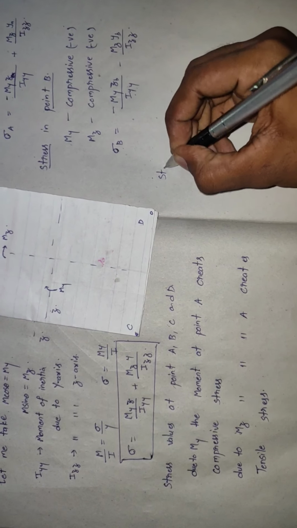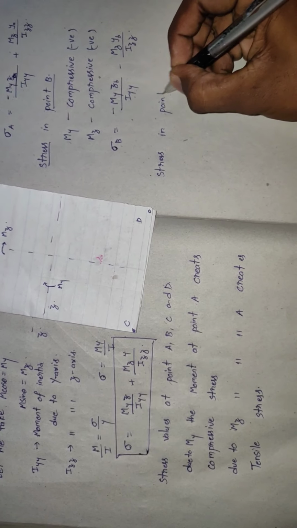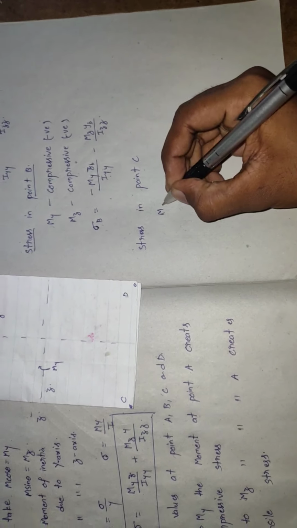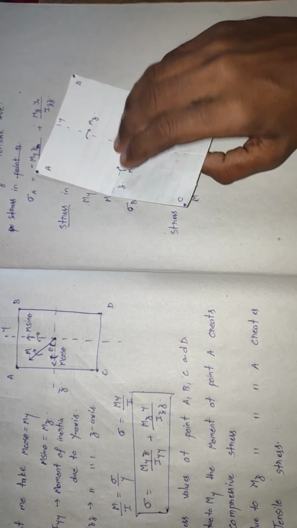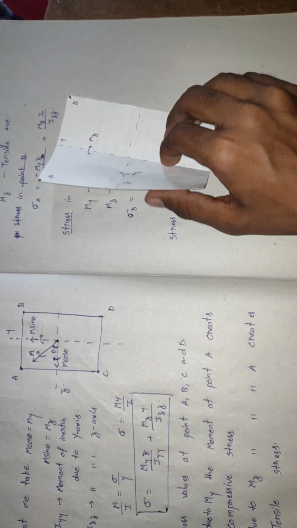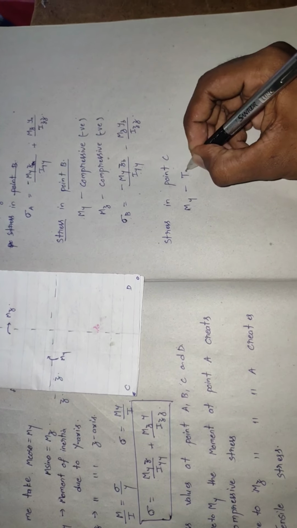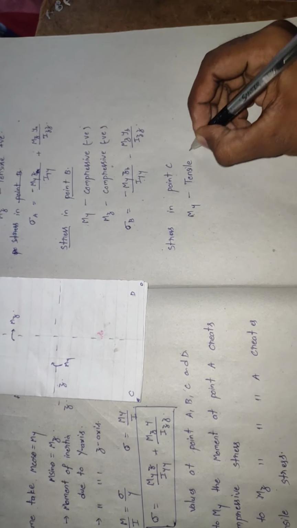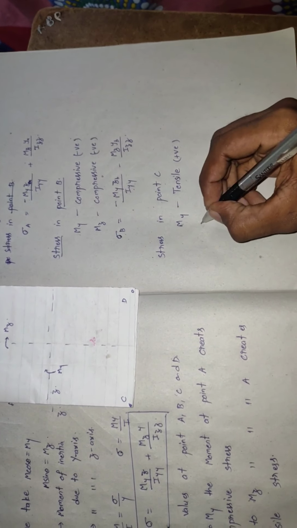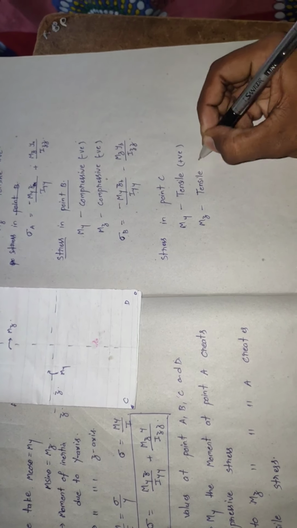Similarly, stress in point C. Let me take for point C, this is tensile, and this also tensile for point C. Okay, My tensile, that is positive, Mz tensile, that is also positive.